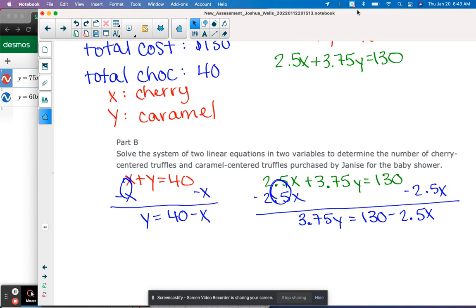The last thing we need to do to solve this equation is divide. So I'm just going to divide everything by 3.75. And since these are not the prettiest numbers, I'm going to leave the right side as just one big fraction. So y equals 130 minus 2.5x over 3.75.